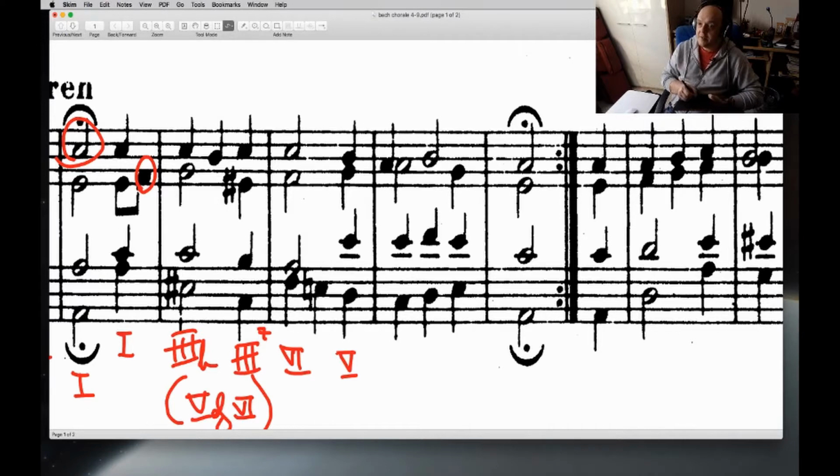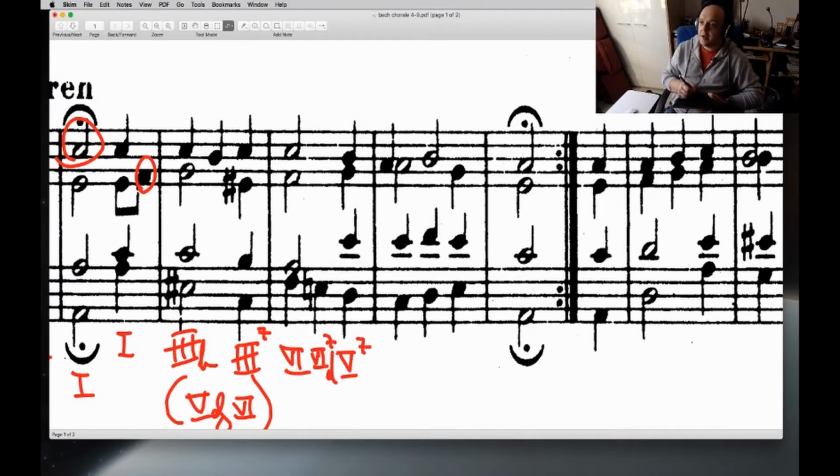You see, I have 6D, 6 in 3rd inversion there with the 7th in the bass, and that 7th in the bass is also here in the dominant chord. It's just approached directly.